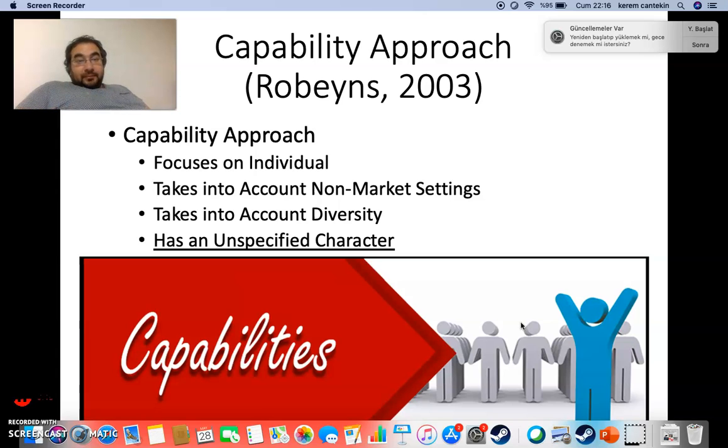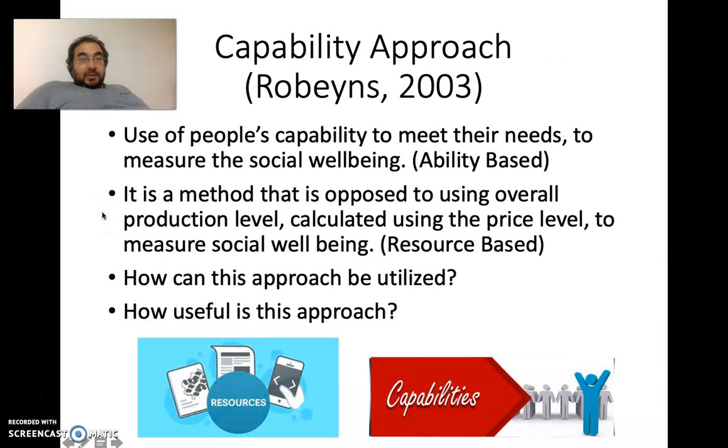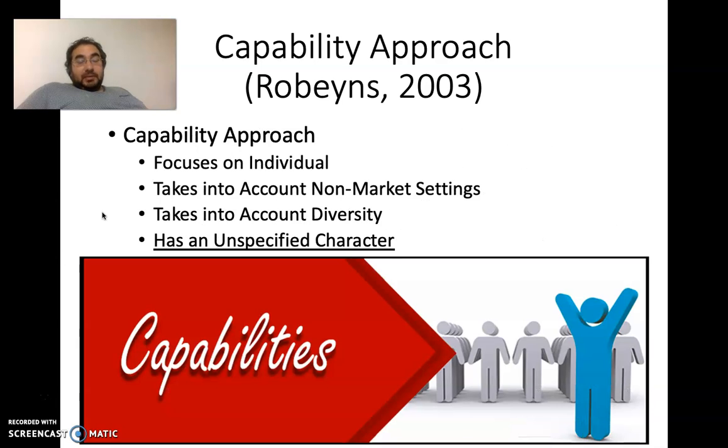Well, the main point of the capability approach is, of course, we are aiming to measure basically the capability of the people, which doesn't necessarily need to be mathematical measurement. In certain communities, it can very well be without numbers.